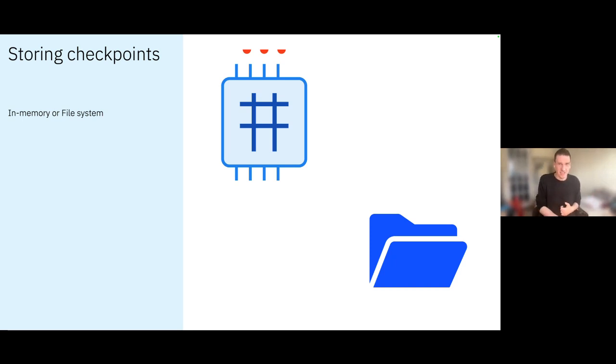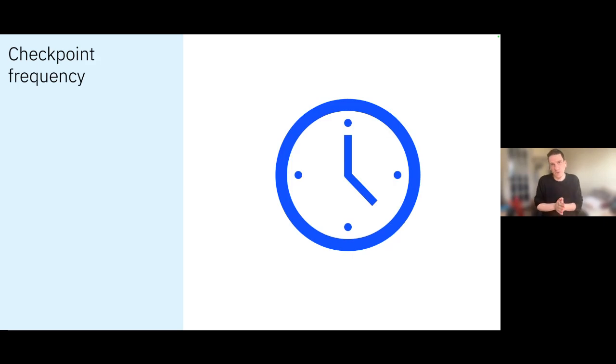The other consideration is how frequently do you want to take those checkpoints? I showed you very frequently, as once the checkpoint barrier reached the end, the job manager injected a new barrier at the start again. I did say that checkpoints don't stop processing, but they're not free. There is a performance cost to capturing the state, the additional traffic of copying it across.